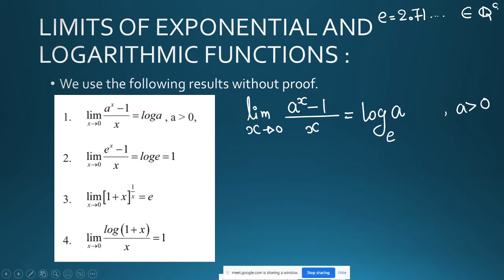So this formula tells you that whenever you take limit x tends to 0 of a raised to x minus 1 upon x, the answer is going to be log a to the base e. I request everyone to note down this formula. Please note this down, because this is something which would be required very frequently today.